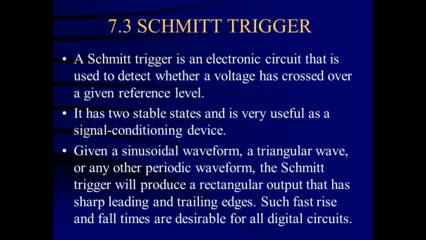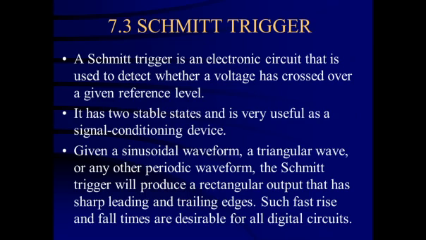So, this is a very important use of the Schmitt trigger circuit. It has two stable states and it is very useful as a signal conditioning device. So, the Schmitt trigger is extensively used in digital systems.